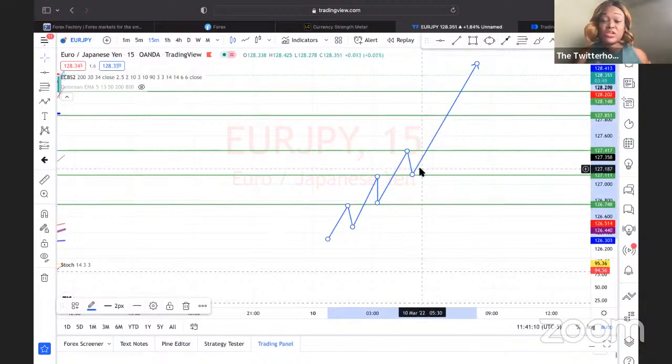Because the market does whatever it wants to do. We can only look in the past and see what happened in the past to have an educated guess, because we're really still just guessing, but it's an educated guess as to what we believe will happen, because the charts basically have patterns and the patterns repeat themselves over and over and over, right?